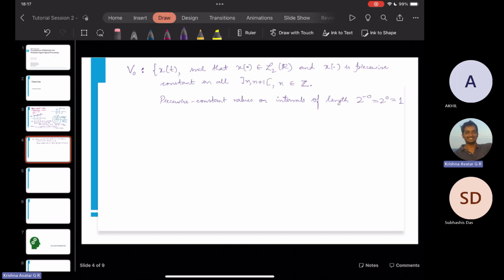In a more general way, what we can define is, the wavelet that we chose, phi of t, belongs to V naught.